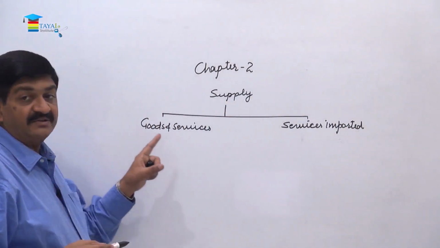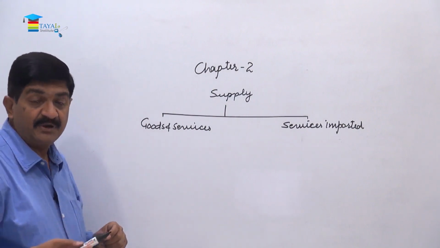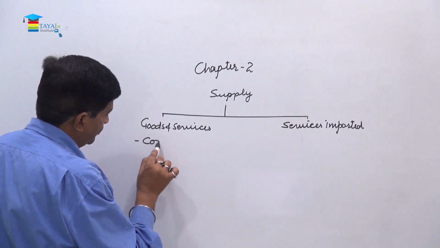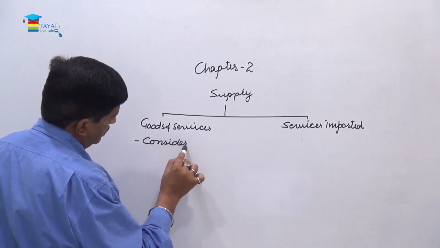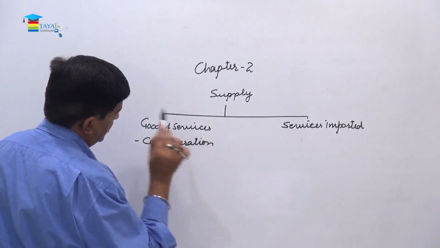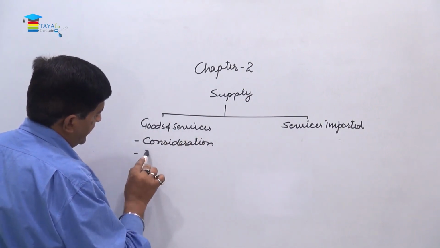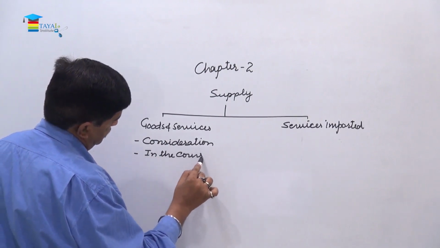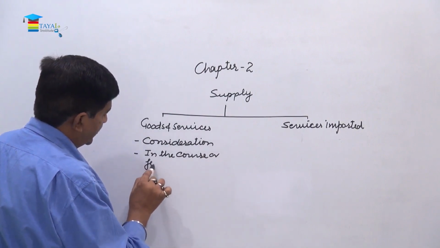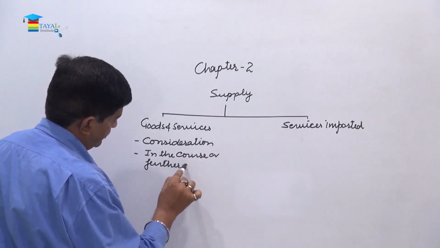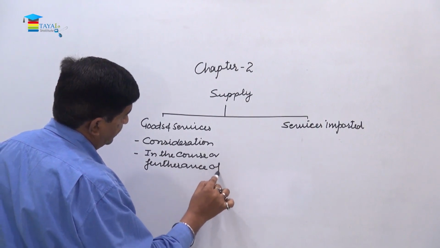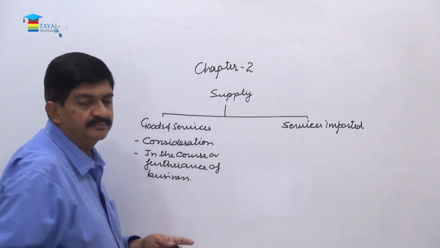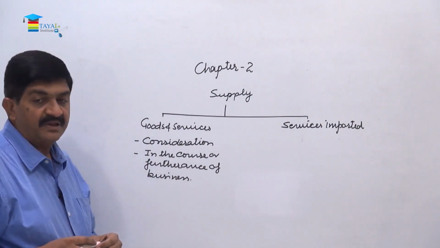So goods and services are taxable only when those are supplied for consideration and it is in the course or furtherance of business.